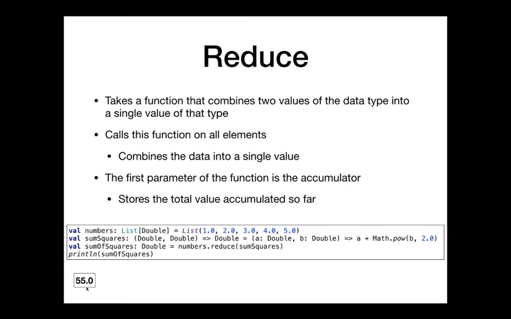So I reduce this entire list down to a single value based on the function that I give it. But it was very important that I get the order of my parameters right. The first one's the accumulator, the second one is whatever data element I'm looking at. So I've got to make sure that I keep those straight. a is the accumulator. I just want to add to the accumulator the square of the current element that I'm looking at.